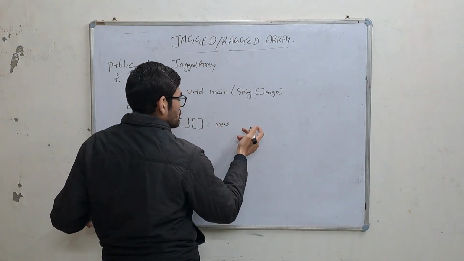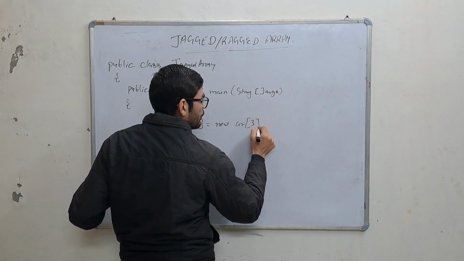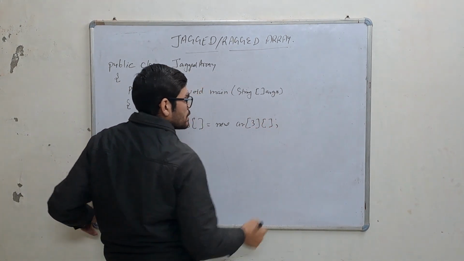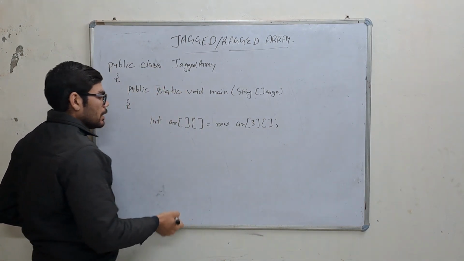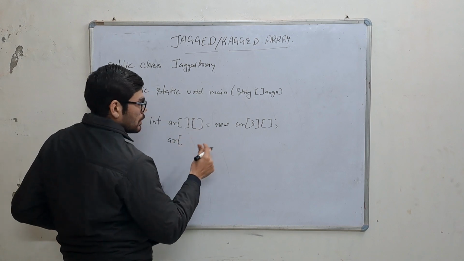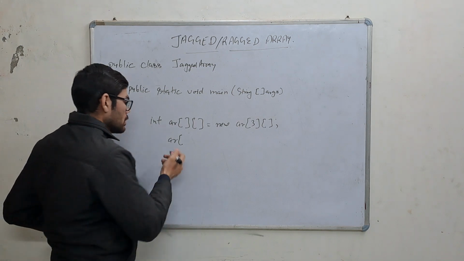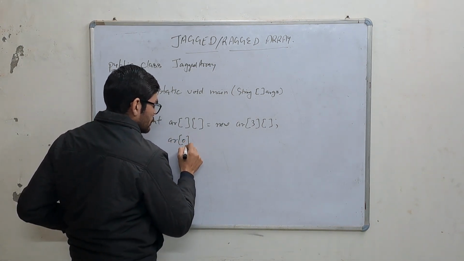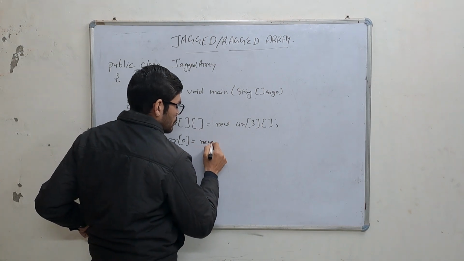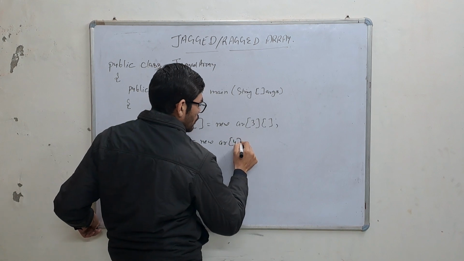So int AR equals new int, and we will mention the number of rows, not the columns initially. And in the second statement, we will assign the number of columns. So AR[0], that is the 0th row, will have 4 columns.